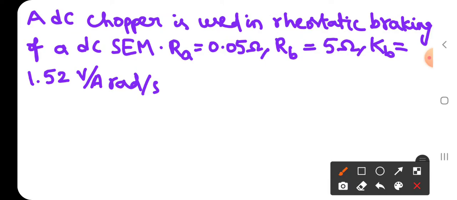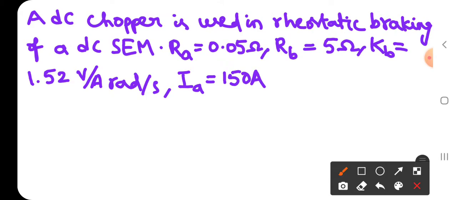The average armature current is maintained constant at 150 amperes.